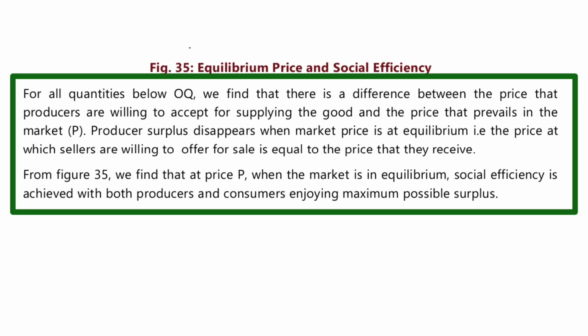Now you can see figure number 35. There you have the supply curve and the demand curve. They meet at a point. OP is on the y-axis and OQ is on the x-axis.